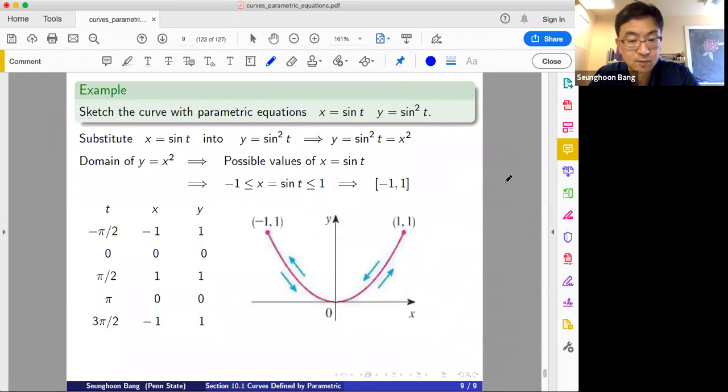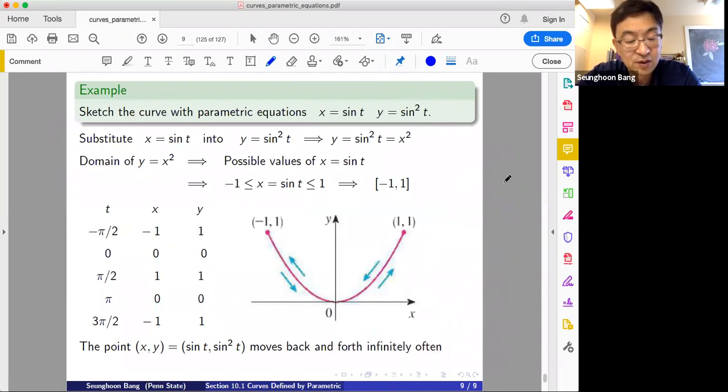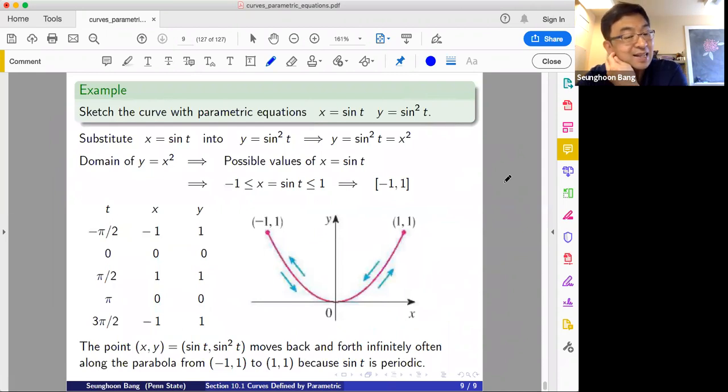This is the whole idea. So the point (x, y) = (sine t, sine squared t) moves back and forth infinitely often along the parabola y equals x squared from -1 to 1, because sine t is a periodic function, right?